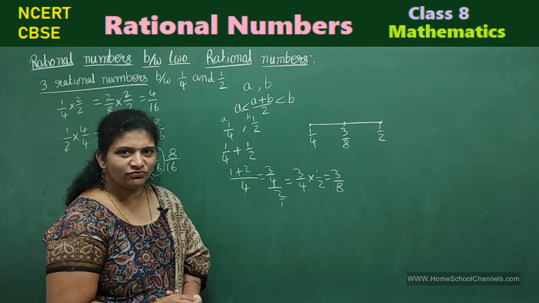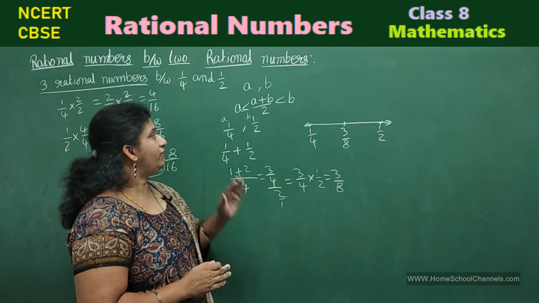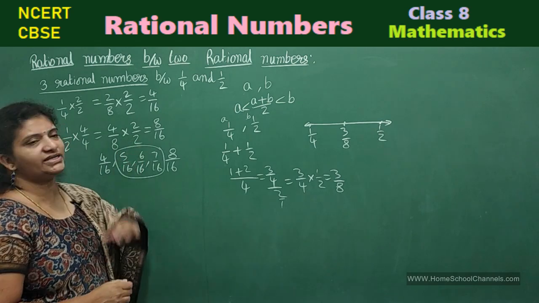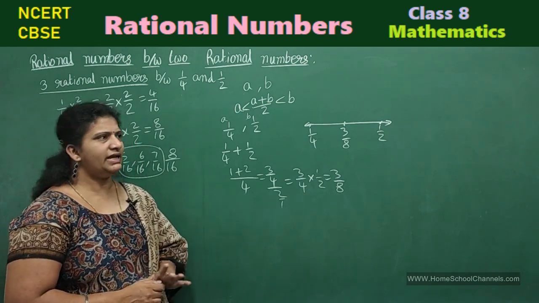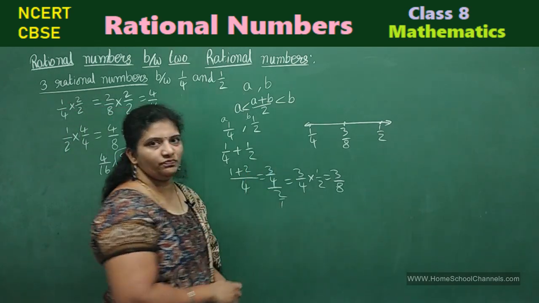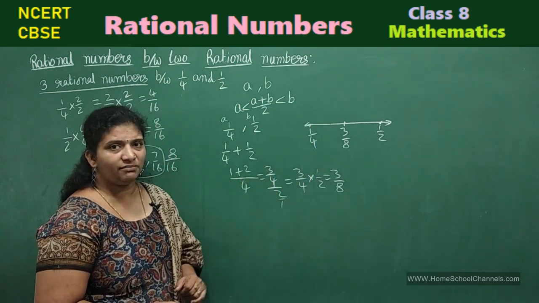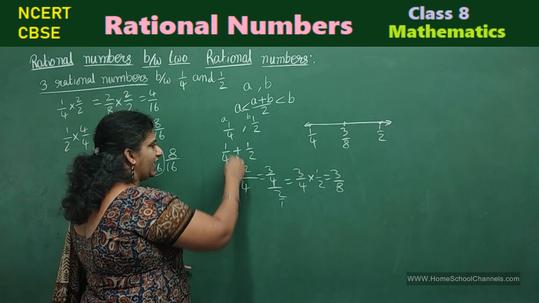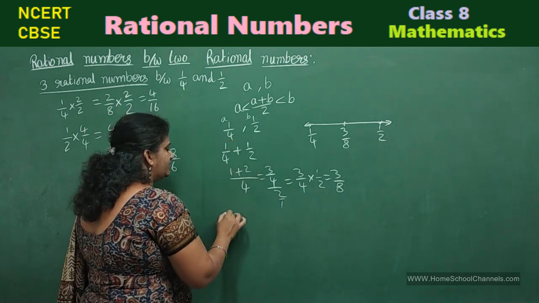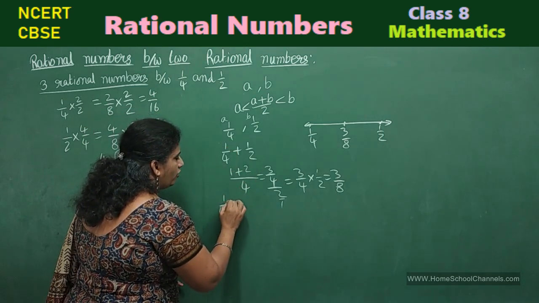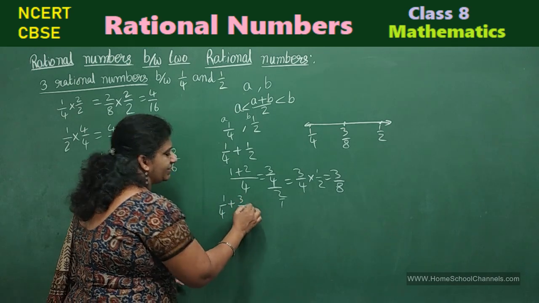Are you able to follow? Now, if you need to write 3 rational numbers between these two, again find one rational number in the middle. The same process continues. Take 1 by 4 and 3 by 8.